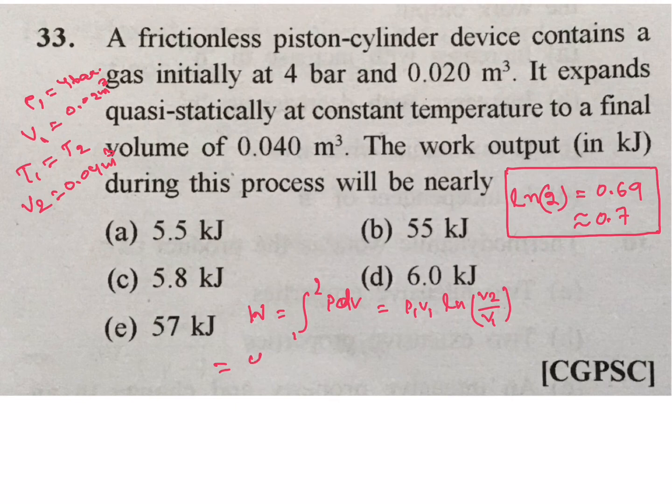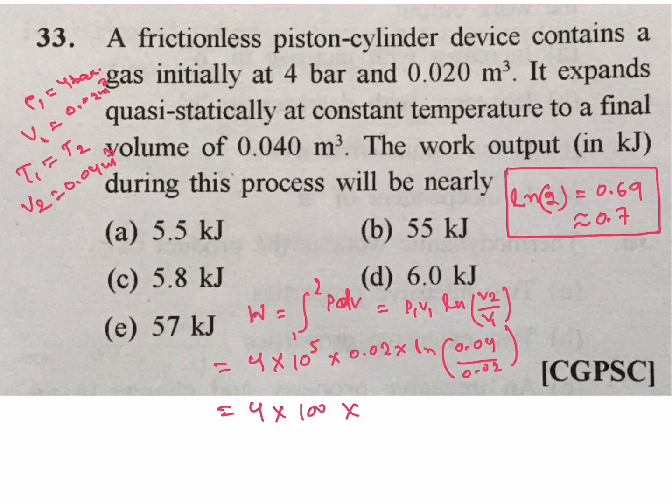Then P1 value how much? 4 bar. Convert it into Newton per meter square, 10 to the power 5, into V1, how much? It's 0.02 into ln V2, V2 is 0.04 divided by 0.02, Newton per meter square. You convert it into kilonewton.